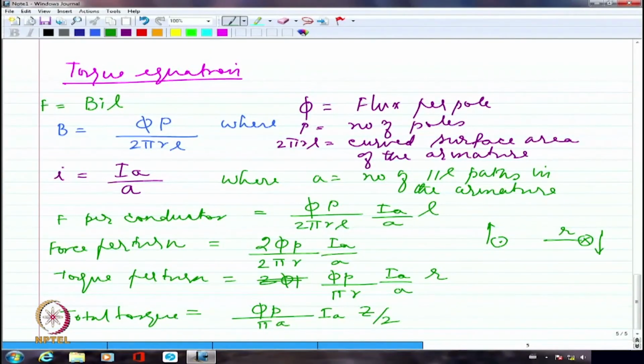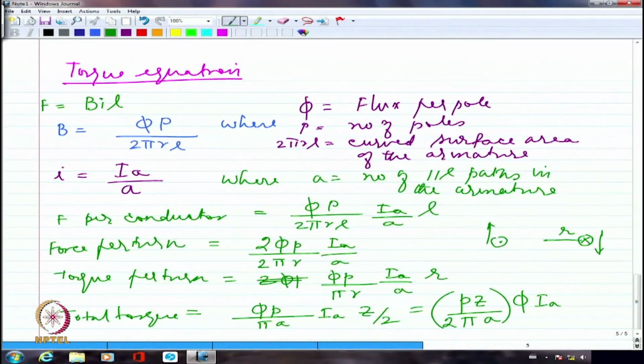So again, let me take phi and IA out. I will have PZ divided by 2 pi A, multiplied by phi IA. So this is the constant of the machine.